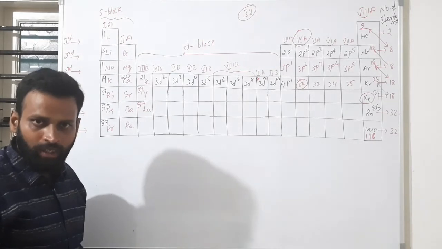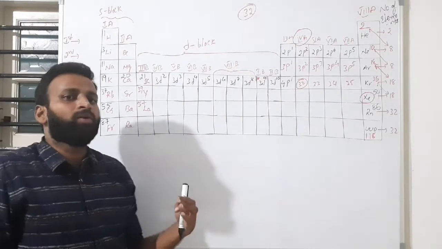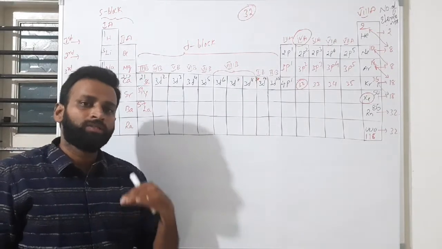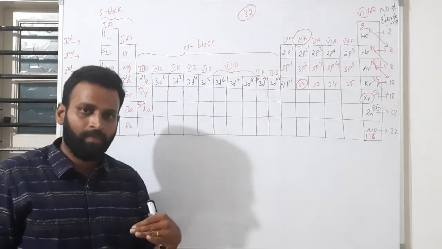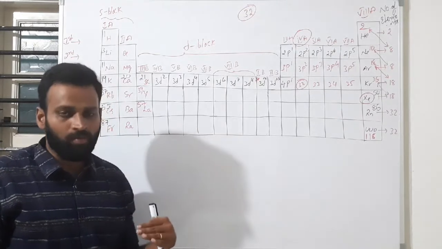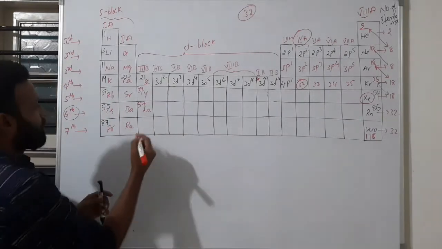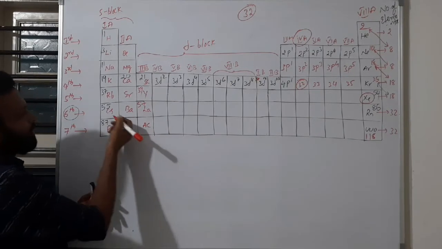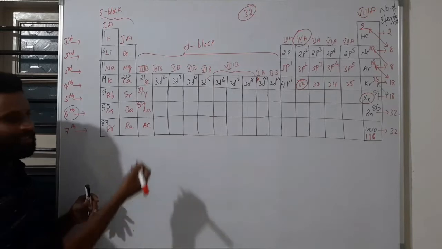Understood or not? Okay? If you were unable to understand this, revise, and still if you have any doubts, you can ask personally. Okay? Where you have a problem. Okay? So here lanthanum, and here you have actinium. In this total 6th period how many elements are there? 32.